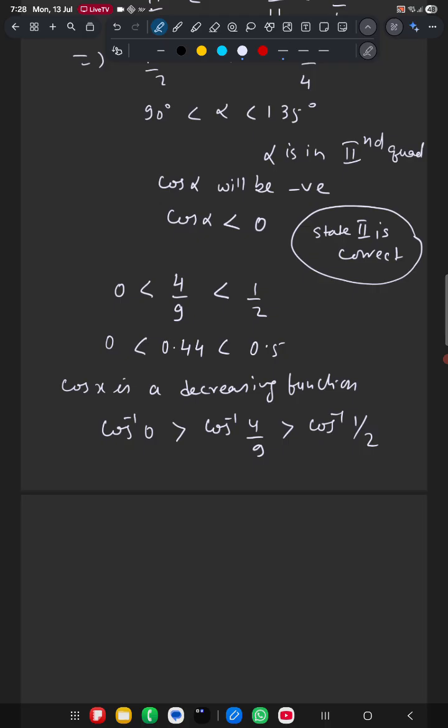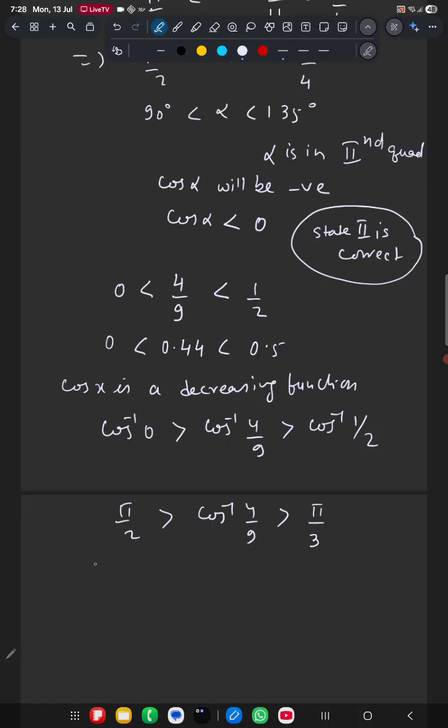Cos inverse 0 is pi by 2, and cos inverse half is pi by 3.